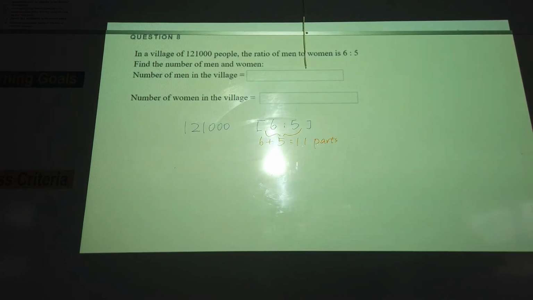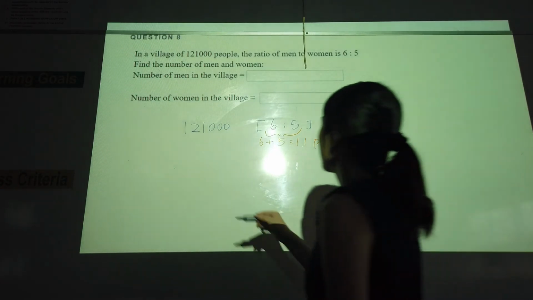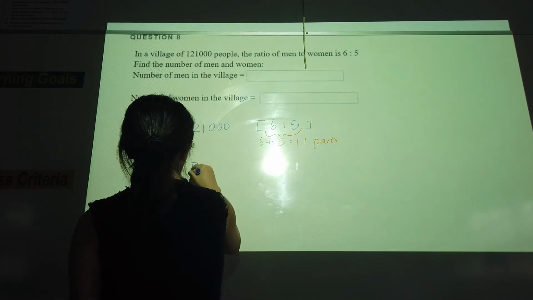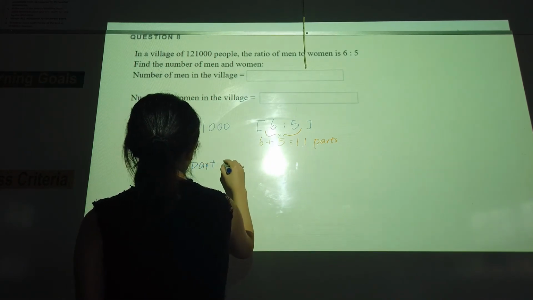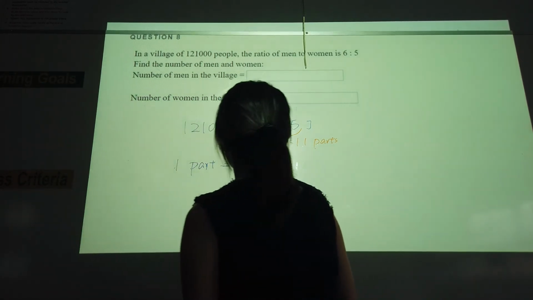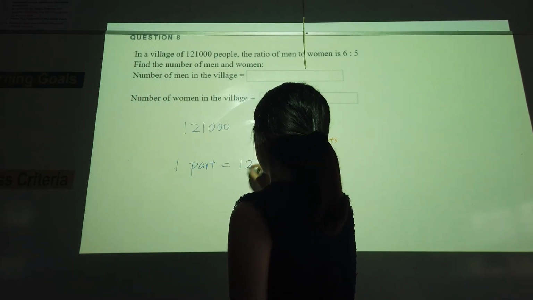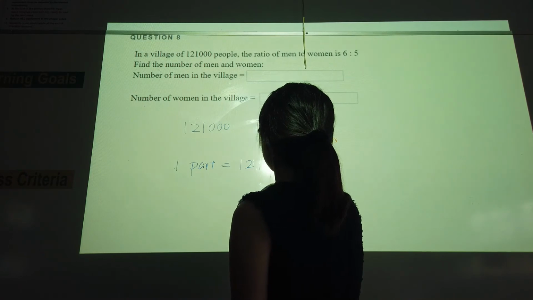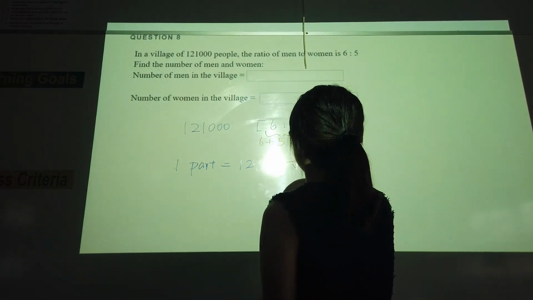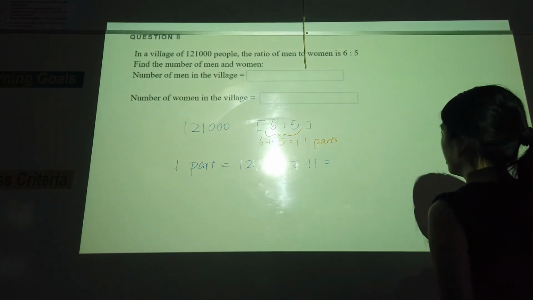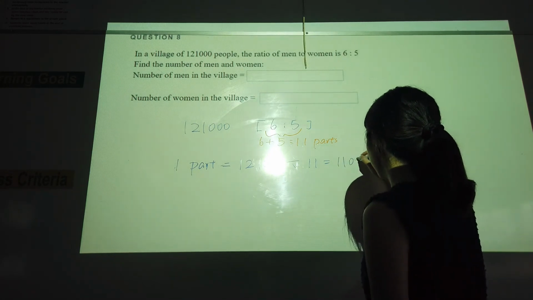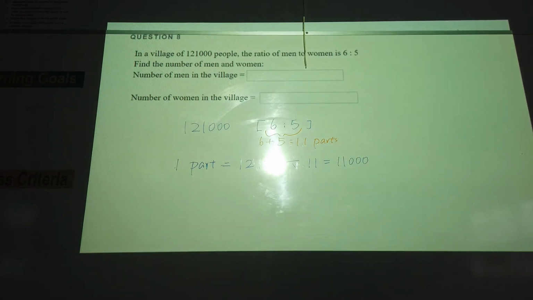The first step is that I'll literally write 1 part is equal to dividing 121,000 by 11, which is 11,000. That is how many people there are in each part.